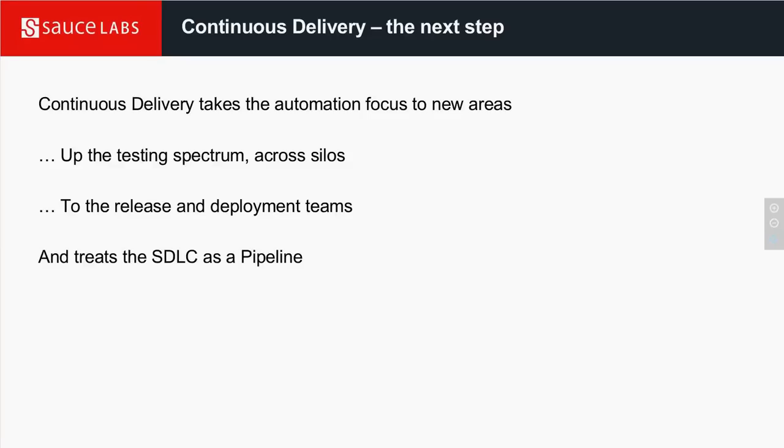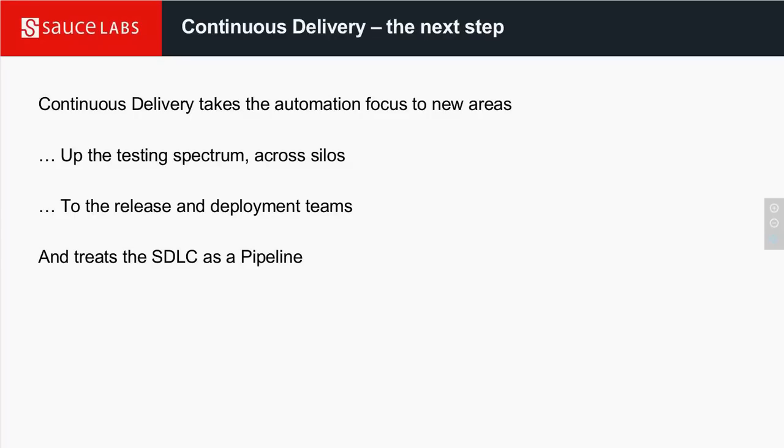But continuous delivery as a trend and as, let's call it, a discipline, to me it's really about taking that same automation focus that the team at Sauce Labs walked us through, a great demo, thanks to Abhijit, about automating functional tests with the Selenium platform and doing that in a remote way on the cloud that would save you from having to stand up this crazy matrix of browsers and mobile app platforms. Continuous delivery kind of takes the automation focus to new areas. So up that testing spectrum and across silos.